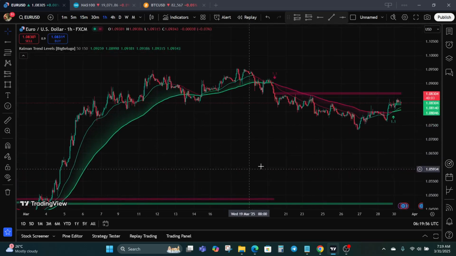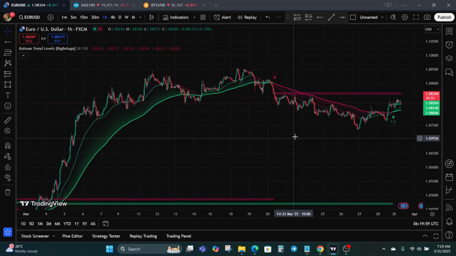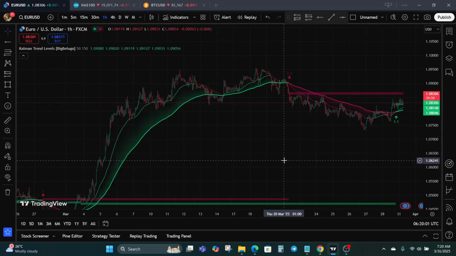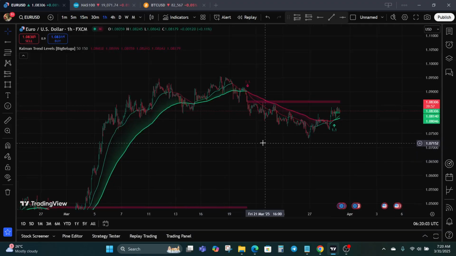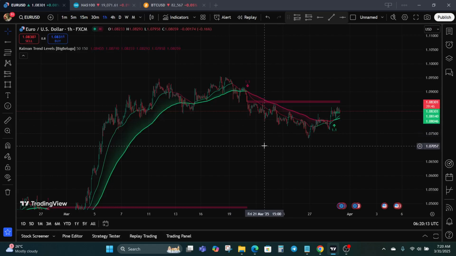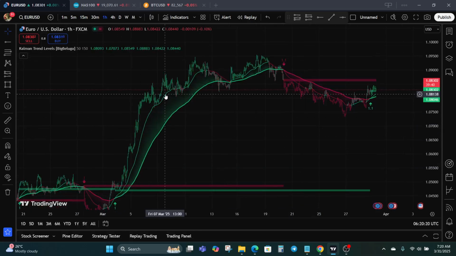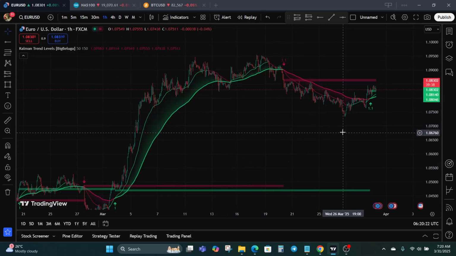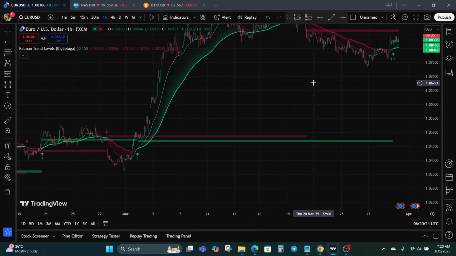Now, how does the Kalman Trend Levels Indicator actually work? The key feature of this tool is its ability to identify the strength of a trend with high precision. By analyzing price data and market momentum, it provides signals when a trend is either gaining strength or beginning to lose momentum. But that is not all.